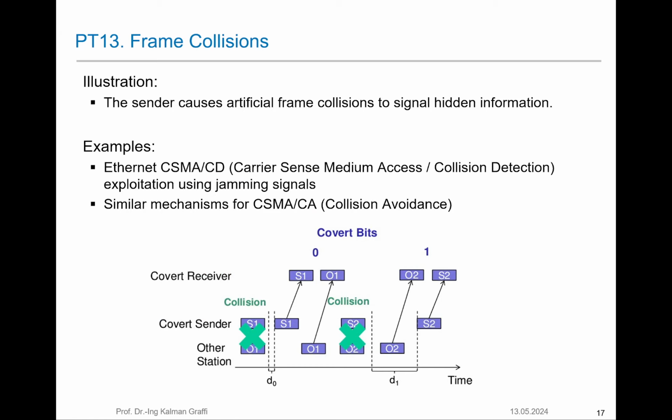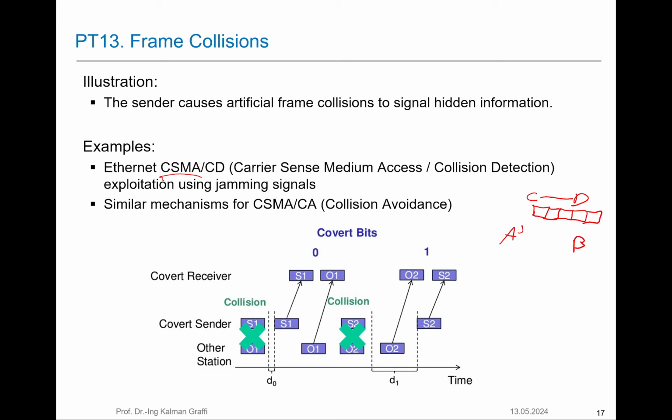Coming to a little bit more complex elements: frame collisions, this is more on Wi-Fi. Let's say we have the communication partners A, B, C. So A wants to communicate with B. And there's also some communication going on between C and D, packed in some time frames where C communicates to D. By carrier sense medium access, everybody, by listening into the medium, can detect whether there's communication ongoing.